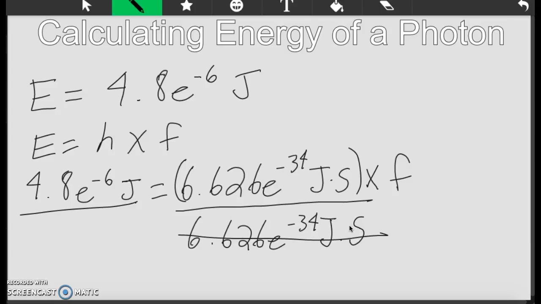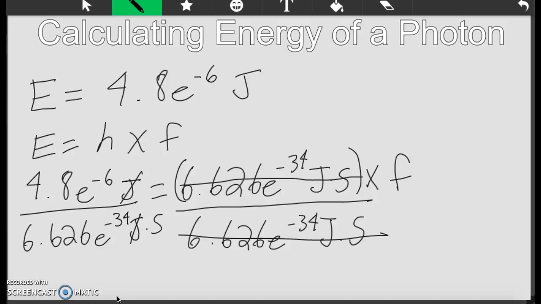This whole thing cancels out with this whole thing. You end up with just F, and then divided by 6.626 e to the negative 34 joules per second. Okay, joules cancel.